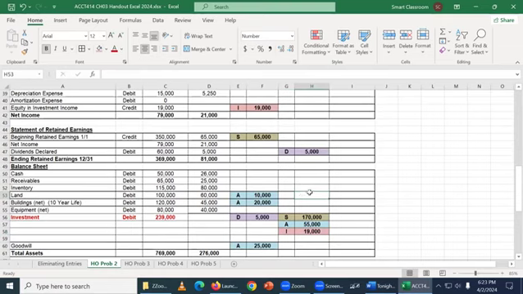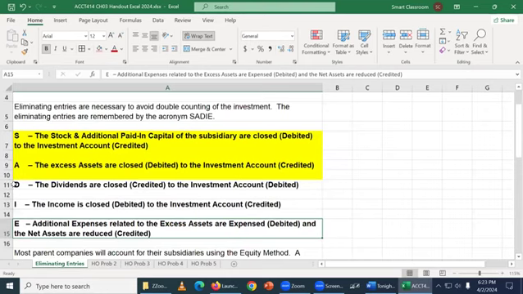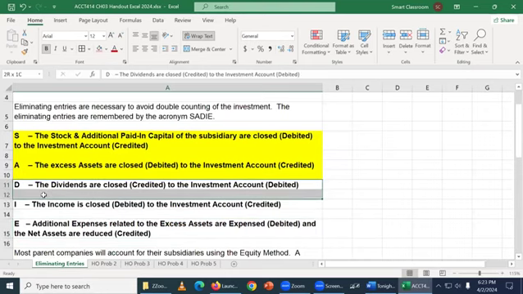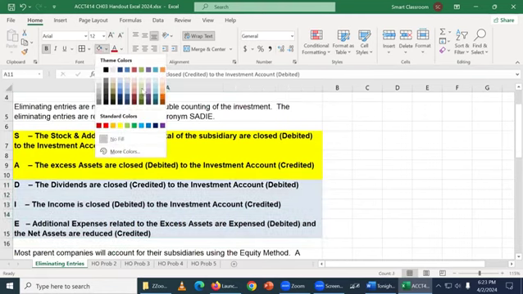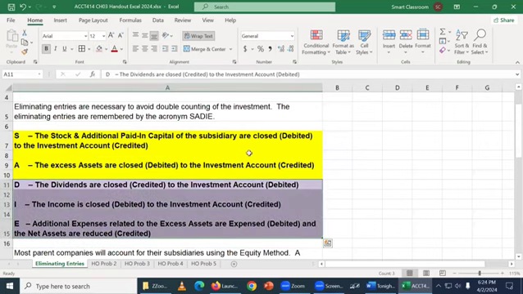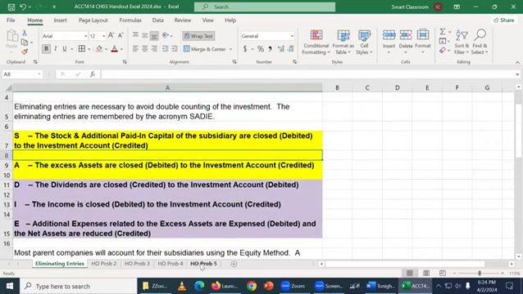Okay, so we're actually pretty far through this thing. One more thing to do. We got the dividends. We got the income. And so now we have to do the expenses. Okay.